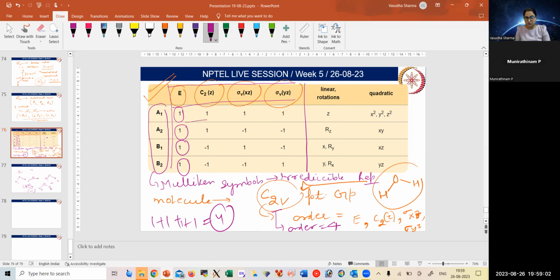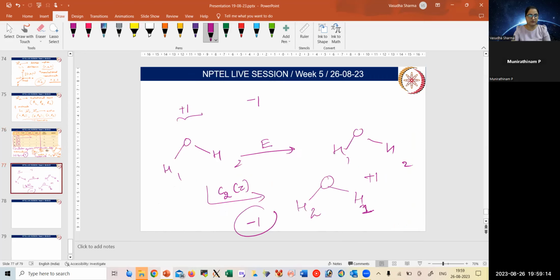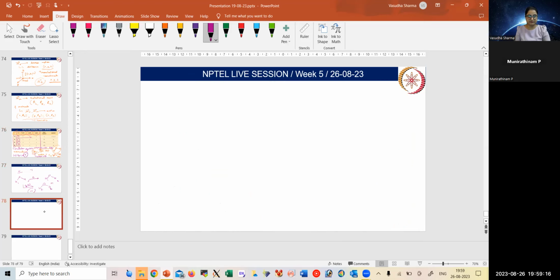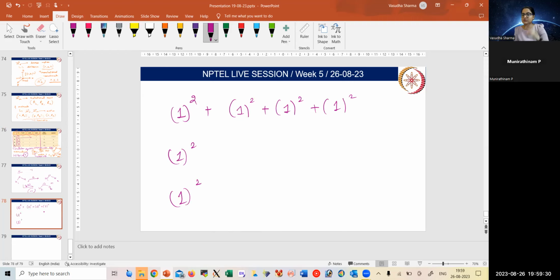Now, if you go to the row side, 1 + 1 + 1 + 1, it is giving me 4. Here also we have to take the square of it. So if I am having any element in the rows, or in columns, it has to be the squares of it.